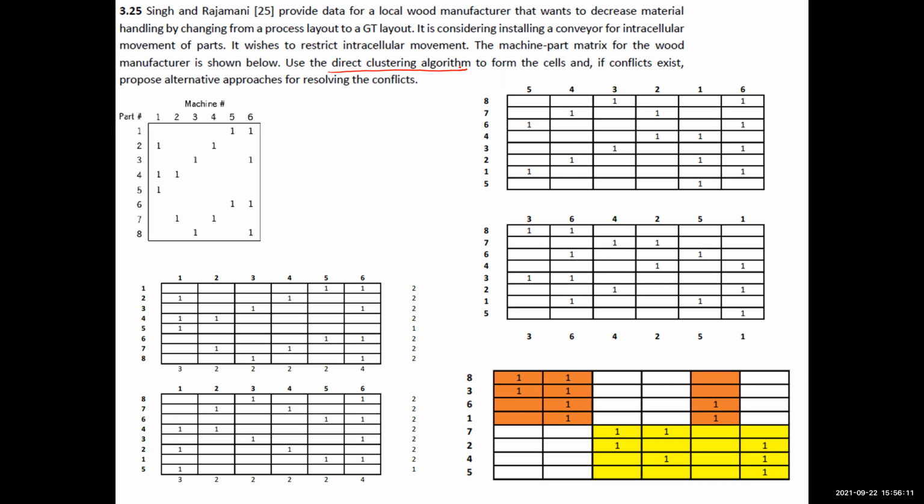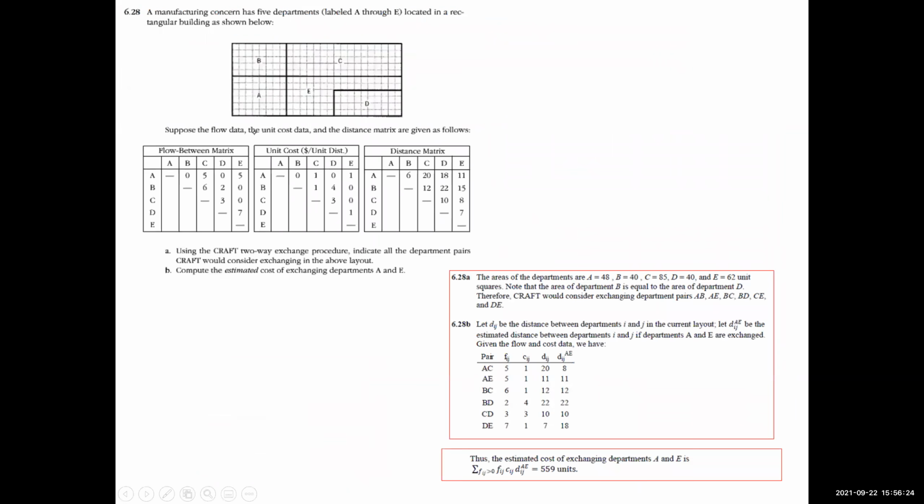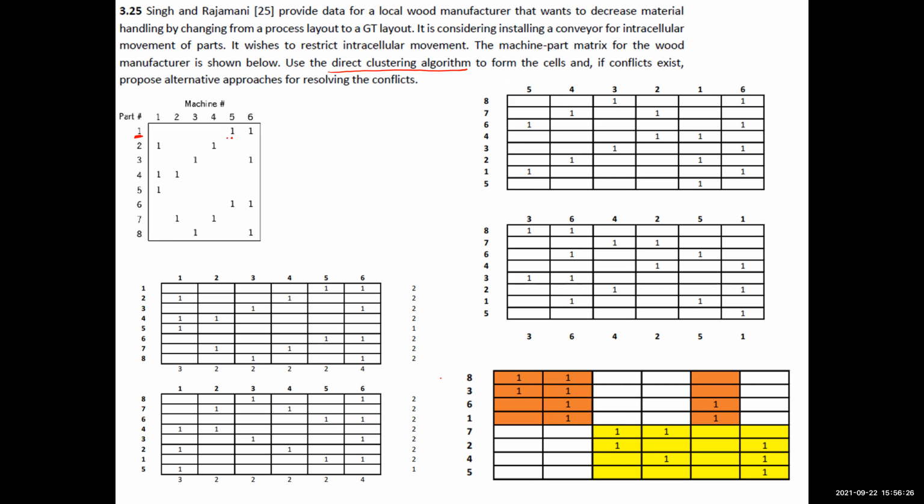If you remember, you start, your data is given here. So what this is representing is for part 1, this has to be processed by machine 5 and machine 6. Part 2 needs to be processed by machine 1 and machine 4, and so on.